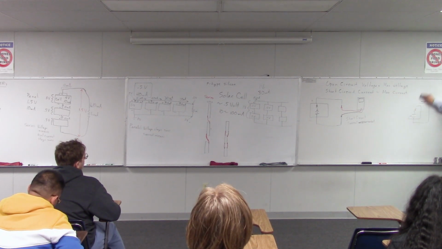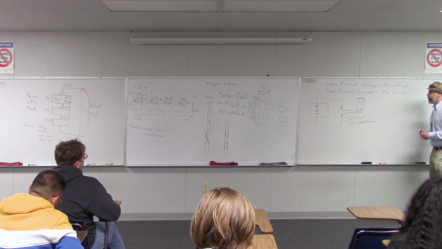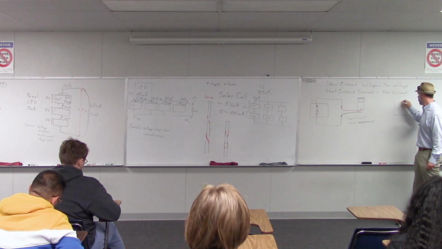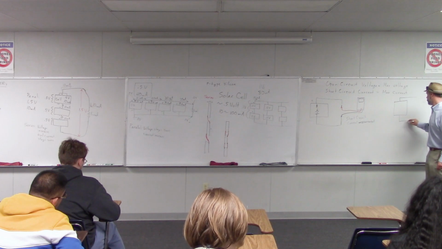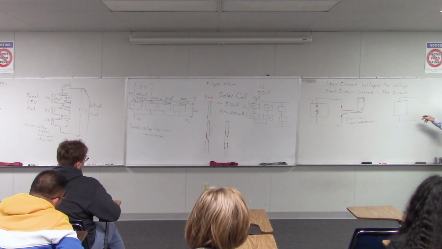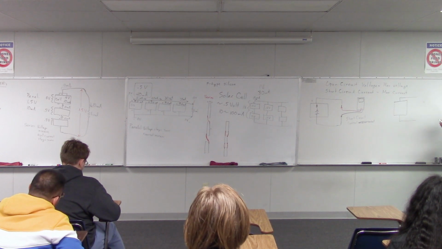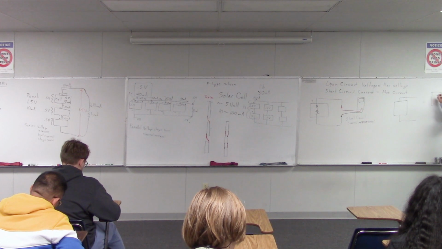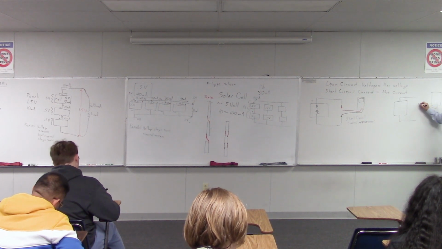Now, the way that we measure open circuit voltage, the open circuit voltage would be when the panel was like that. And remember, the way that we measure voltage with the meter is we just connect the two leads of the meter to the two points that we care about.